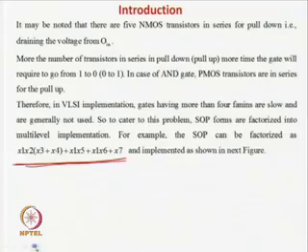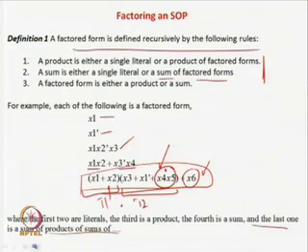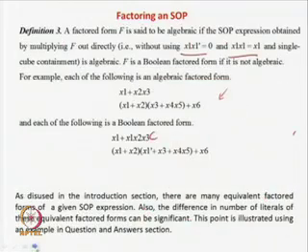So, for the same function there can be different factored forms, and the number of inputs can be different. We will also illustrate this using another example in the question answer session. That is why we have to go for a factored form where the number of input fan-ins is minimum, as well as the number of terms.